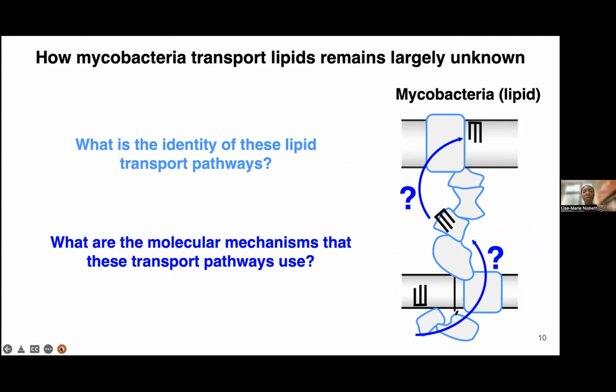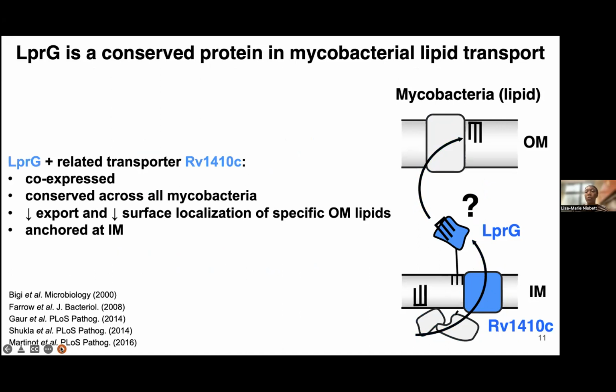This gap prompts us to ask, what is the identity of the lipid transport pathways that exist in mycobacteria, and what are the molecular mechanisms that these pathways use to shuttle lipids to the mycobacterial outer membrane? In recent years, the Kelliher lab, alongside other research labs, discovered that a conserved lipoprotein called LprG transports specific lipids to the mycobacterial outer membrane.